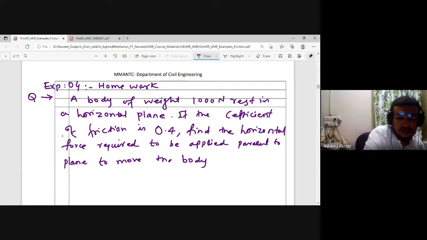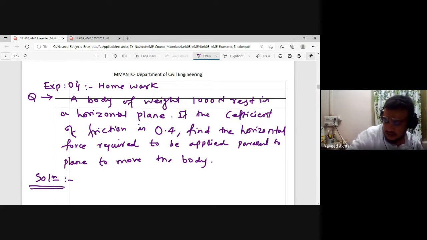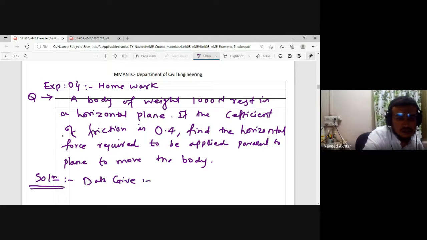So this is nothing but an example you have to solve. Make the figure first and then apply the condition of limiting equilibrium: summation of x is equal to 0, summation of y is equal to 0, and then you can solve. Here the data given is the weight W and mu.